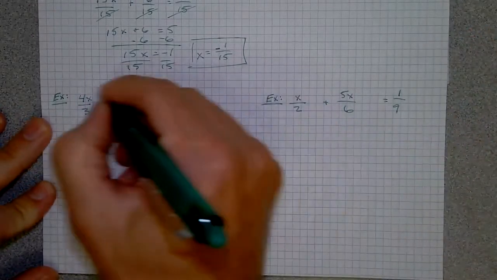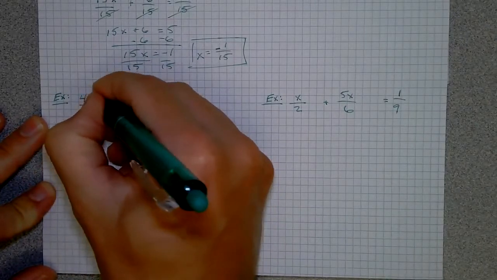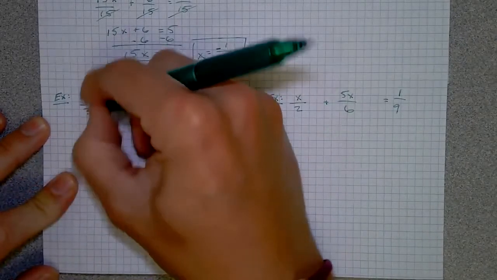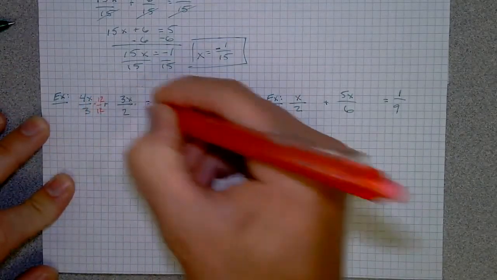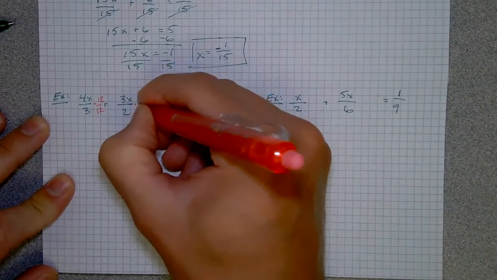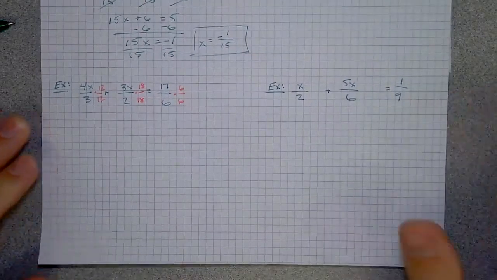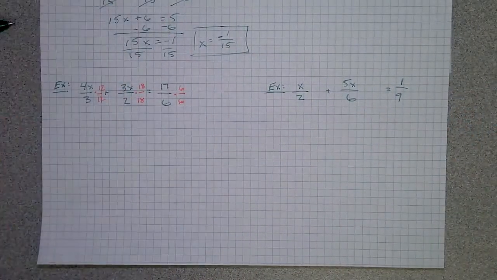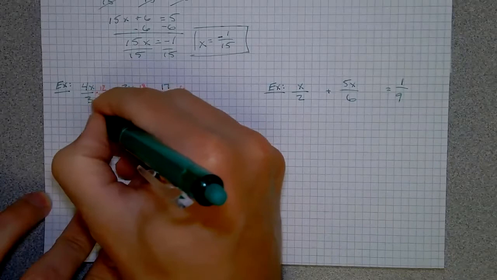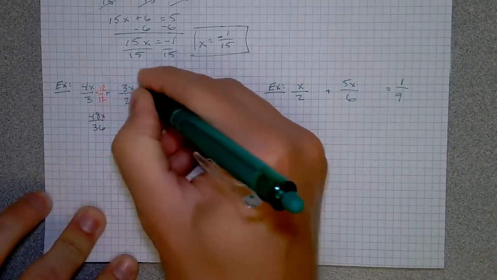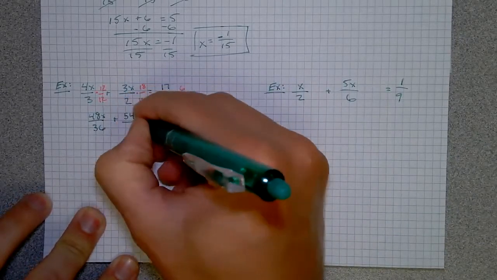Maybe you didn't know. So if I want a common denominator of 36, I got to multiply this top and bottom by 12. I got to multiply top and bottom here by 18 and top and bottom here by 6. So I'm going to get some fairly big numbers. That's okay. It's not the end of the world. 4x times 12 is 48x. 3 times 18 is 54x.